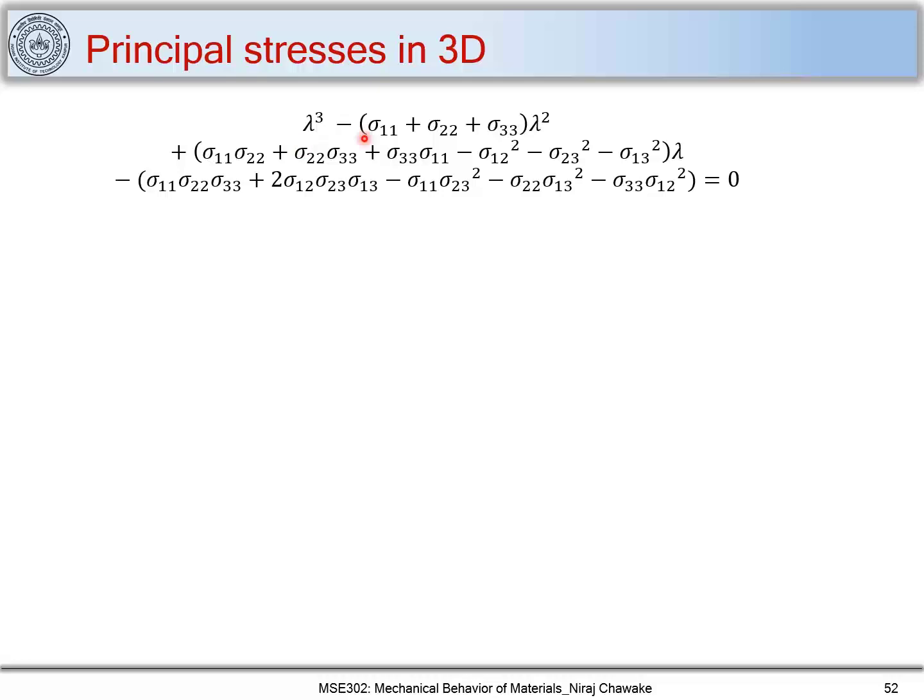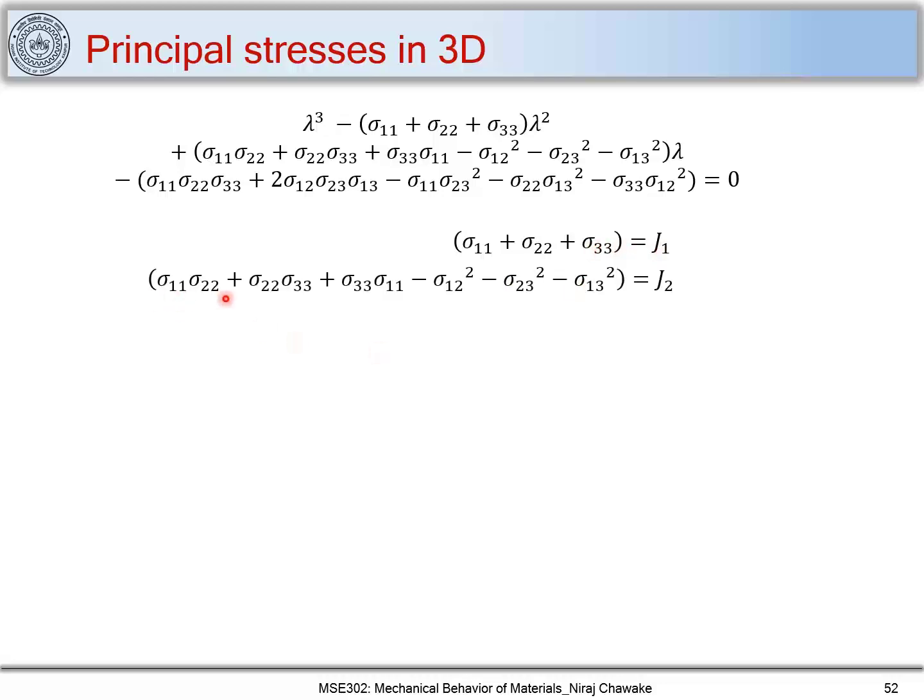We get lambda cubed minus this term into lambda squared, plus this term into lambda, minus this constant. Now I put sigma 11 plus sigma 22 plus sigma 33 equal to J1; sigma 11 sigma 22 plus sigma 22 sigma 33 plus sigma 33 sigma 11 minus sigma 12 squared minus sigma 23 squared minus sigma 13 squared equal to J2; and sigma 11 sigma 22 sigma 33 plus 2 sigma 12 sigma 23 sigma 13 minus sigma 11 sigma 23 squared minus sigma 22 sigma 13 squared minus sigma 33 sigma 12 squared equal to J3.